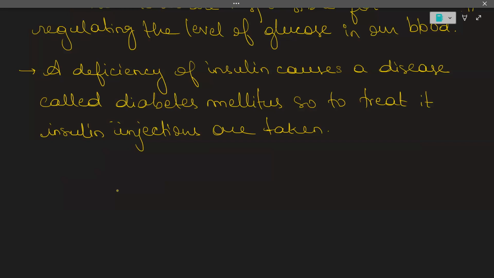From their pancreas the insulin was extracted and then sent to the human body. It did work on humans, but some people got allergic to it and some did not take it because of religious sentiments.